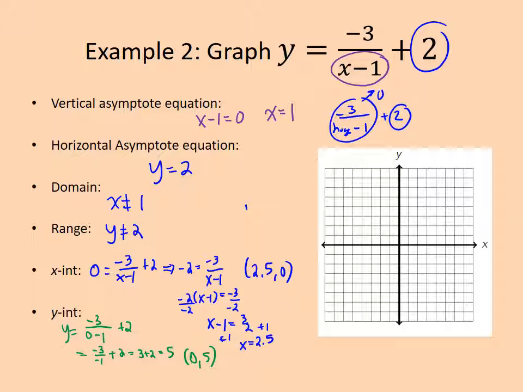The nice thing is we now have 2 points already for our graph of our simple rational function. So once again, we're going to graph points around the asymptote. Since we already have our y-intercept as (0, 5), we'll also graph -1, and we already have (2.5, 0).